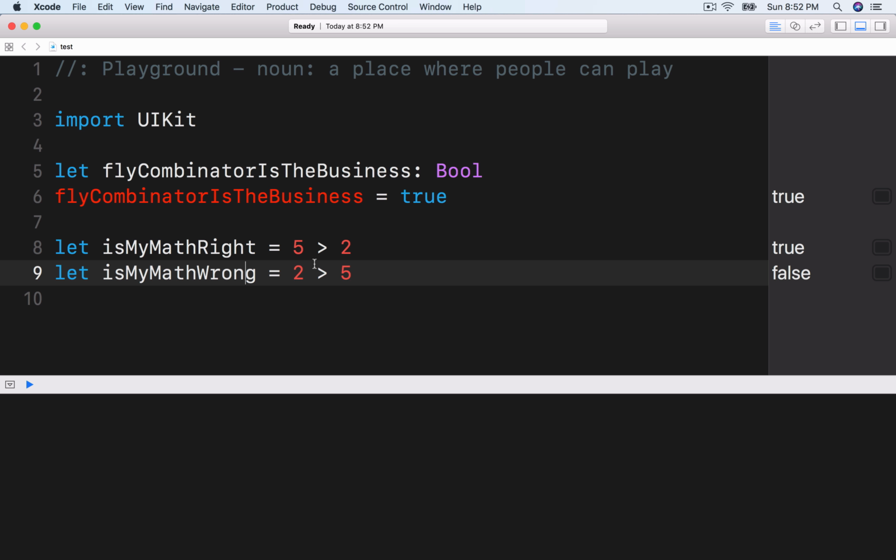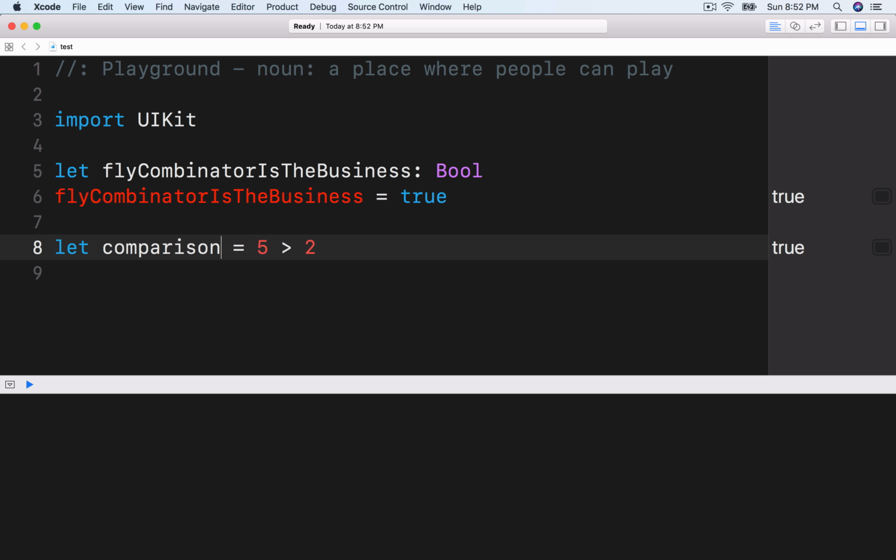So let's just do a comparison question, and our comparison of 5 is greater than 2 is correct. So 5 is greater than or equal to 2, it's true, but let me just do it the other way.